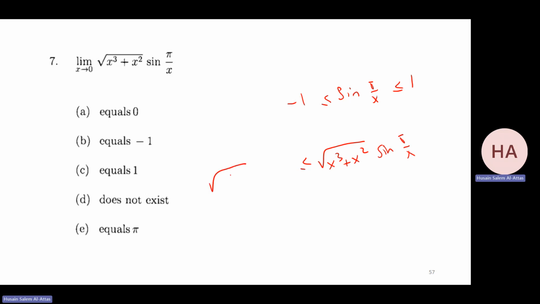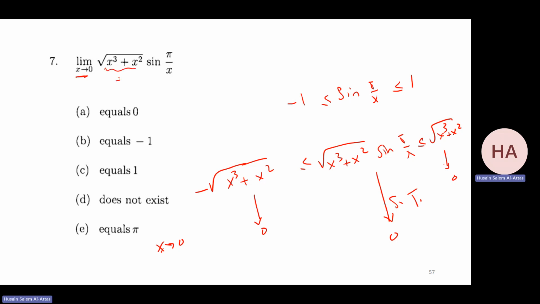As x goes to 0, this goes to 0, this goes to 0, so this goes to 0 by the sandwich theorem. Note that if x is 0 plus or 0 minus, always this will be positive. So I have no problem with that. So this is equal to 0.